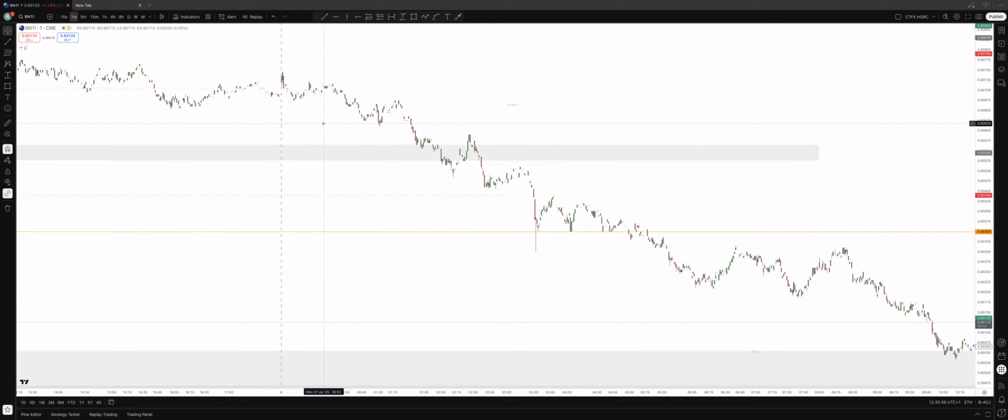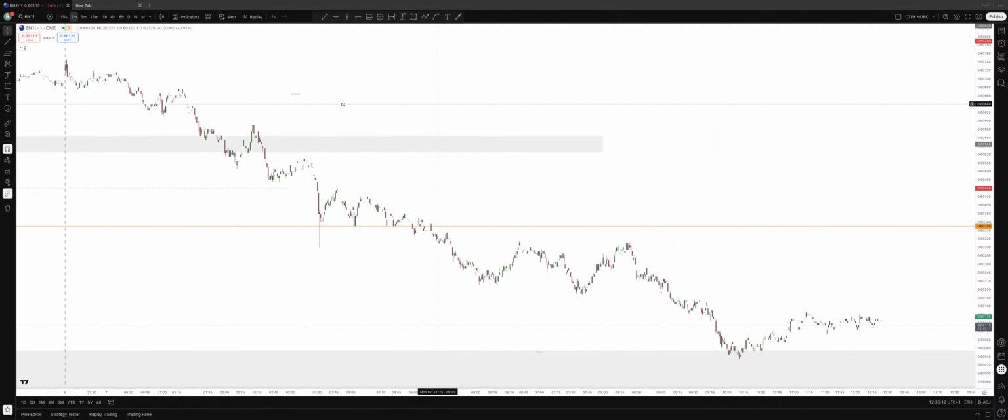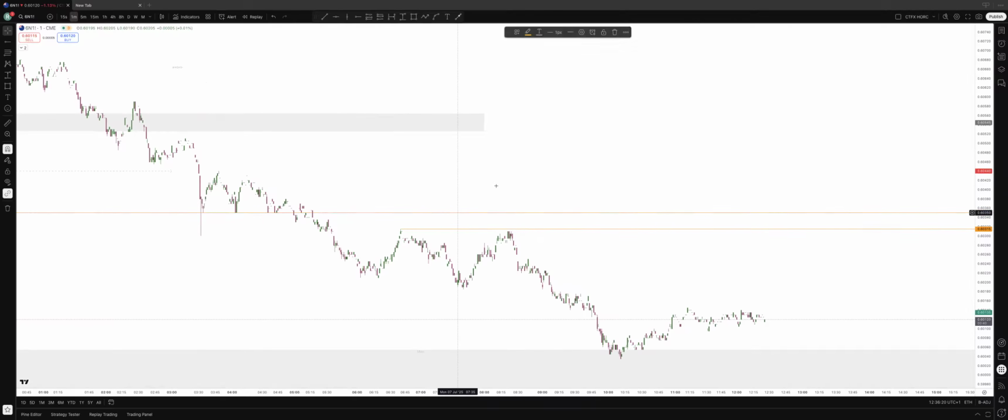This is not that clear, but it opened. This particular Asian session is not clear. But let's put our mind on this high, because that high might be a true liquidity.